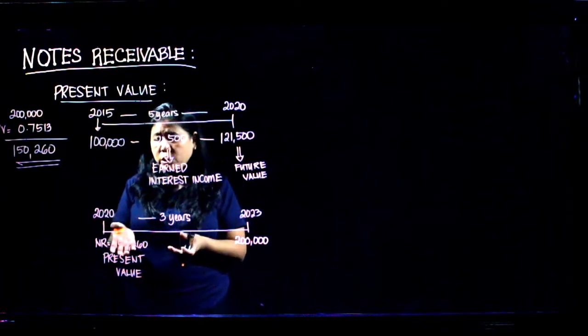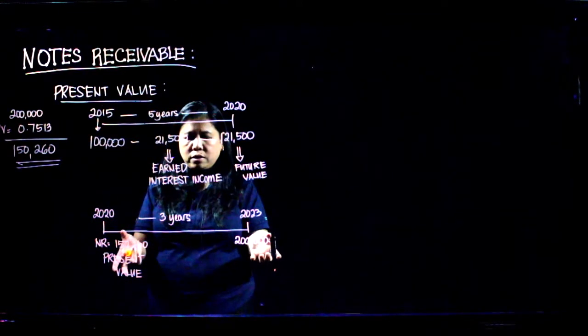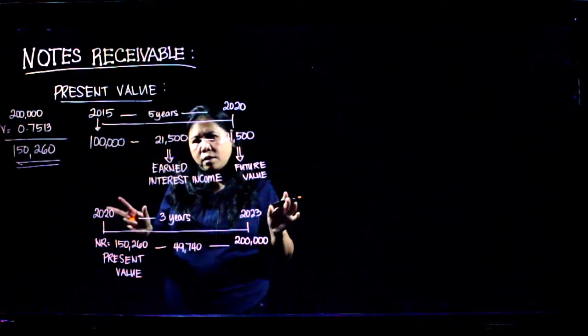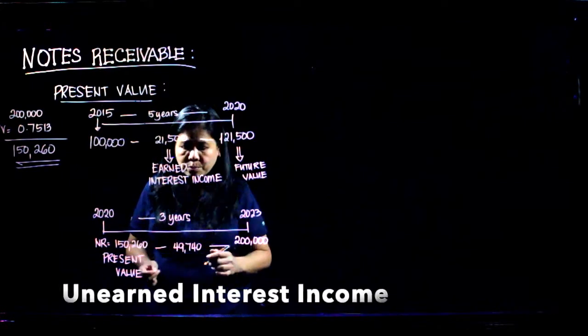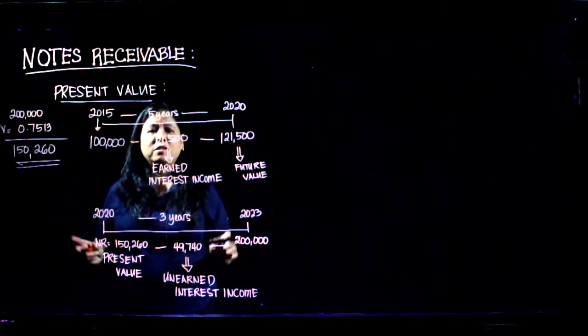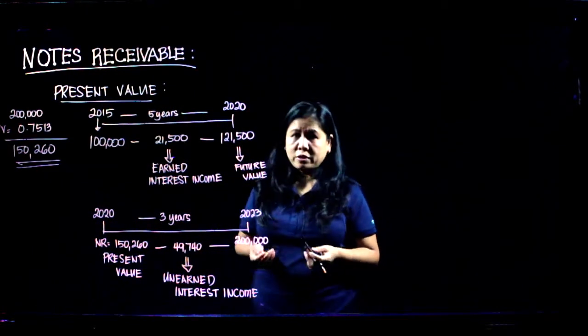Therefore, the difference between the present value and the 200,000 is 49,740. So 49,740 is your unearned interest income. So this is your present value. Hope that helps you understand a little bit what a present value is.